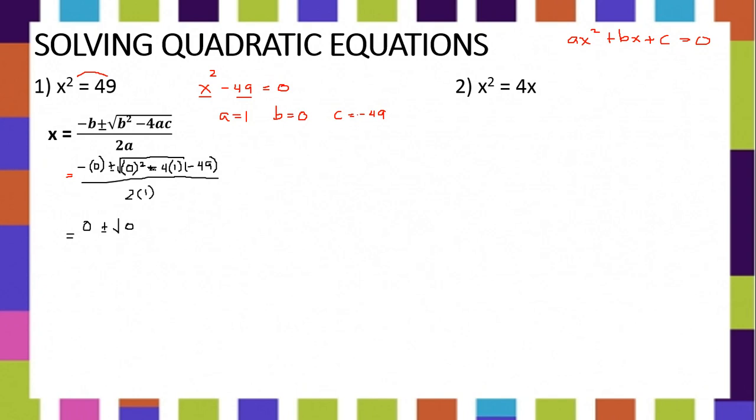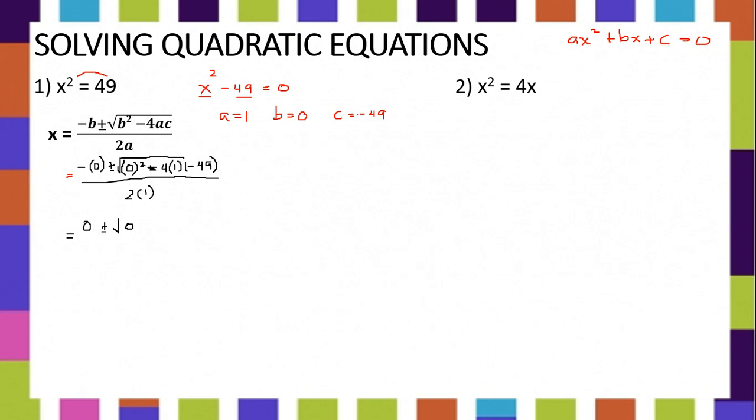Negative 4 times 1 is negative 4. Tama? Negative 4 times 1 is negative 4. Ito times natin dun sa isang number na andyan.